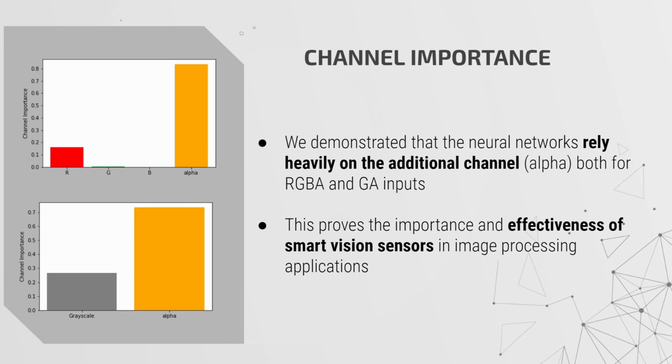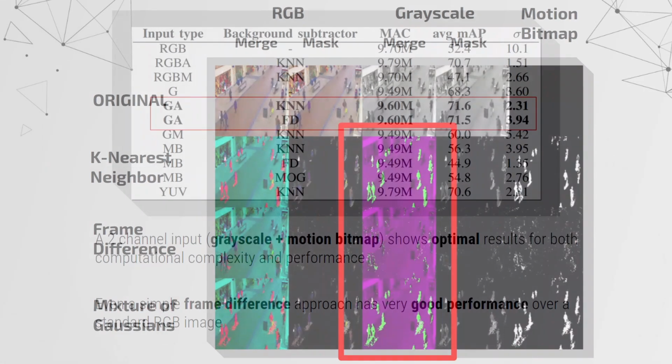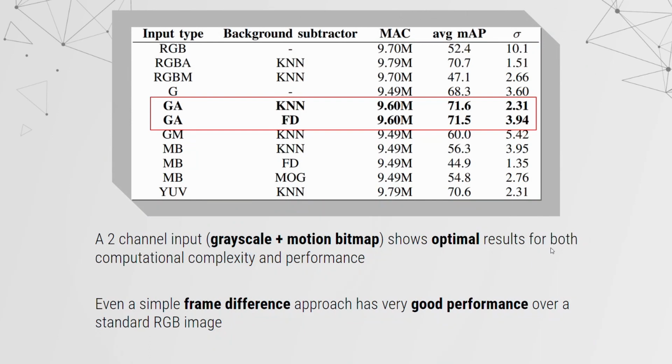Actually, this proves that the additional information coming from this kind of sensors really helps in our object detection task. We could guess from this that using only the alpha channel for our network would be enough. But as we can see in this table, using only the motion bitmap gives us greatly reduced performance.